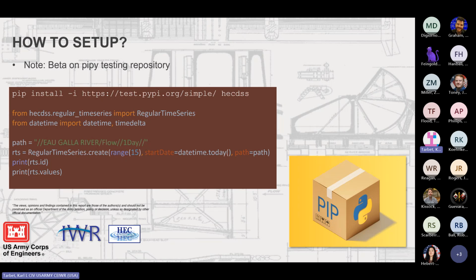Now this one won't actually work on Solaris yet, I don't think. We'd have to tweak it, but it will work on Linux and Windows, because it has to go down deep into the DSS libraries to actually work. But that pip thing's pretty cool because you don't need to call IT and say, please install this thing. You just say pip install and you're good to go.